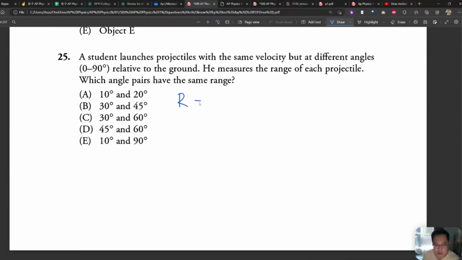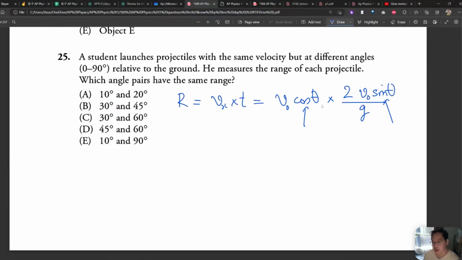The range is horizontal speed, which is constant, multiplied by time. Horizontal speed is v0 times cosine theta, and the time is 2 times v0 times sine theta over g.